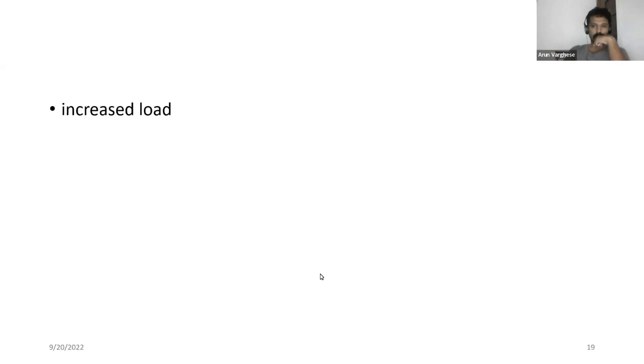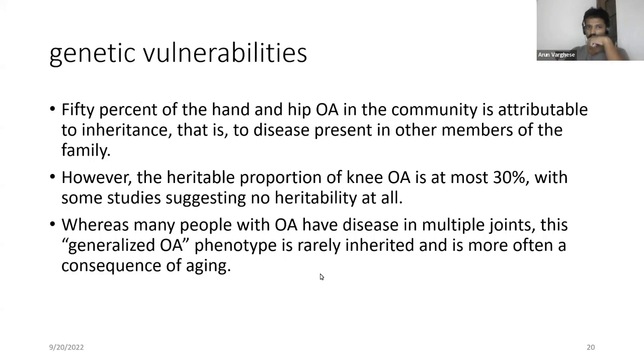Next is about genetic vulnerabilities. Hand and hip OA, 50% of cases have a family history. Nobody considers this a genetic disease, but genetics is attributable, or as we mentioned earlier, genetic predispositions.